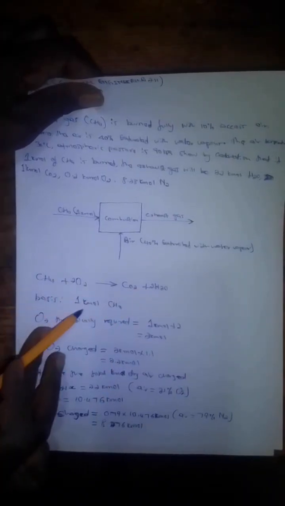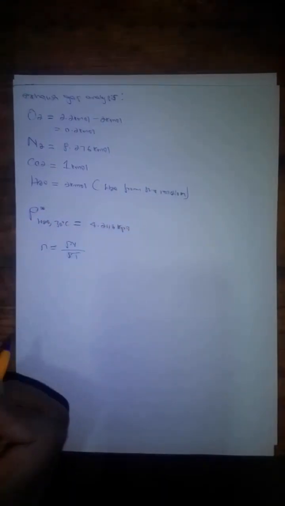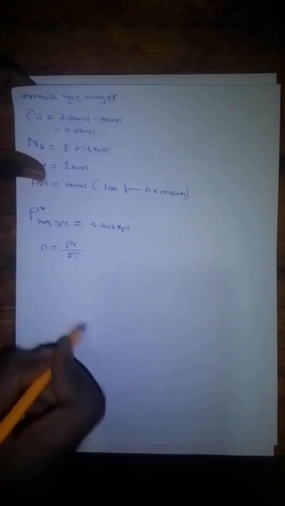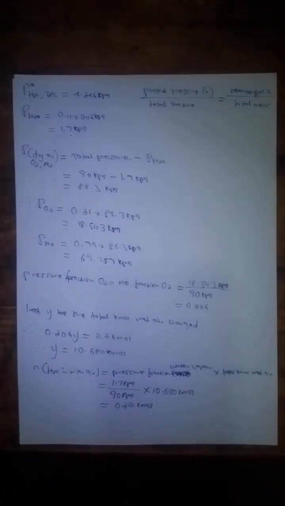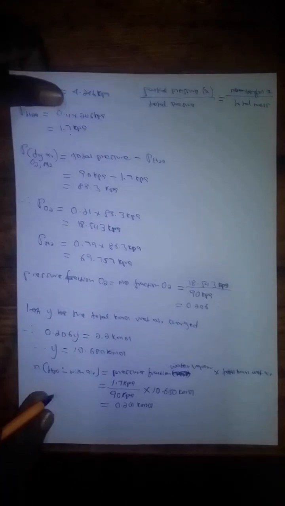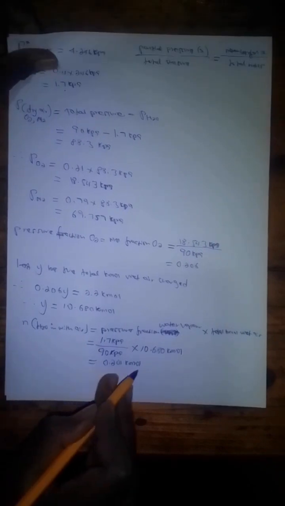This is the water that formed as a result of 1 kilomole of methane, which we have already calculated to be 2 kilomole of water, and we have written it here. Now there's another water that we've been finding a way of calculating all this time, and we have just calculated that amount of water to be 0.201 kilomole.